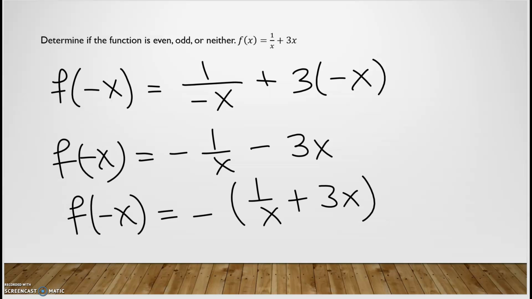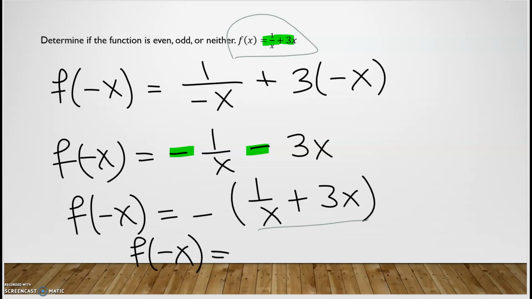Again, notice up here we had a positive, then a positive. Here we have a negative and a negative, and that's the only thing that changed. Now notice this right here is f of x. So we could write f of negative x is equal to negative f of x, which by definition is an odd function.